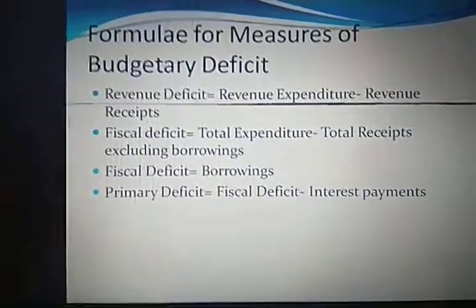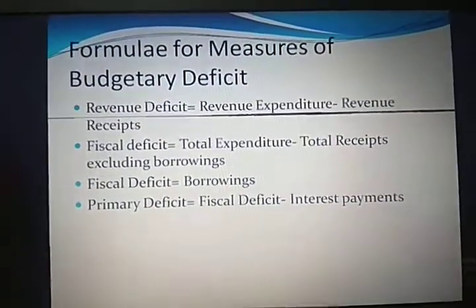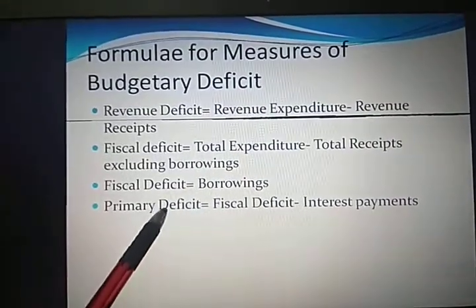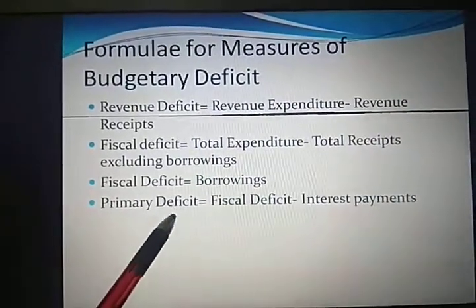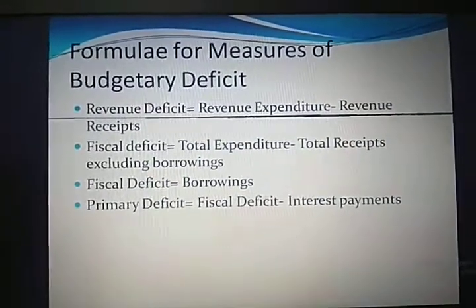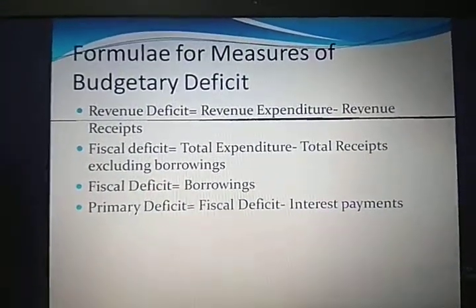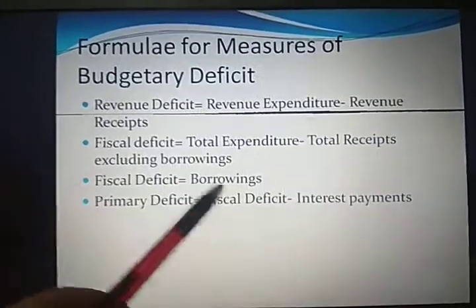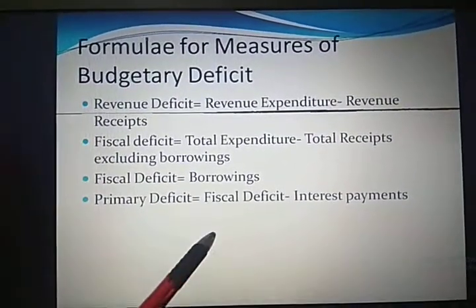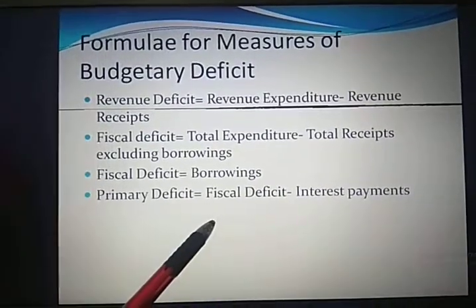Now what does primary deficit indicate, students? A low or a zero primary deficit is not good for any economy. Why is it so? Let me make you understand the situation. Suppose the fiscal deficit, that is, you have taken a borrowing or a loan of rupees 100 crore from rest of the world.